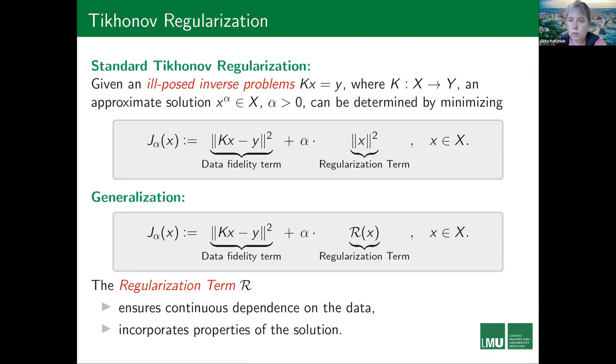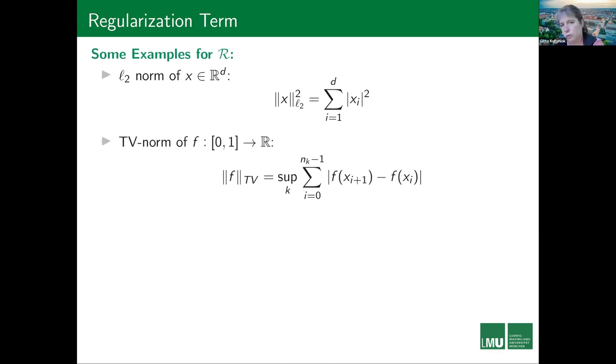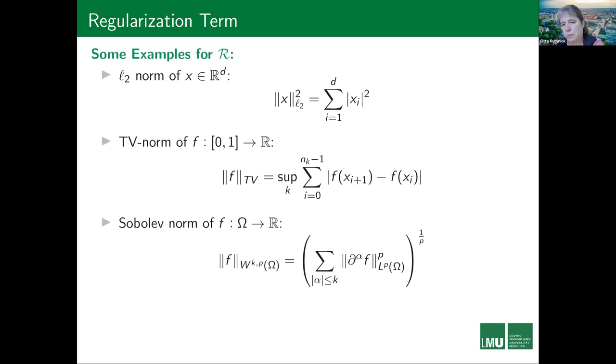Okay, so how to choose this regularization term? There are various ways. We already saw the norm, which is the easiest, to just take, for instance, the L2 norm for this term. You can also take what's called the TV norm, which is also a rather classical approach.